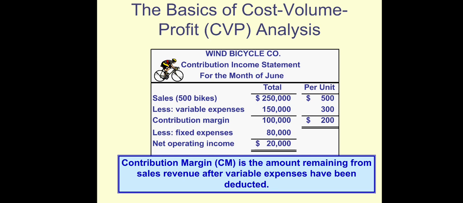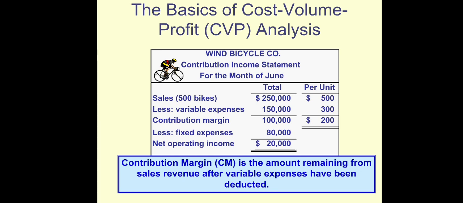So the unit price for the bicycle is 500 minus unit variable cost of 300. So the unit contribution margin is $200. So you have to know about this.